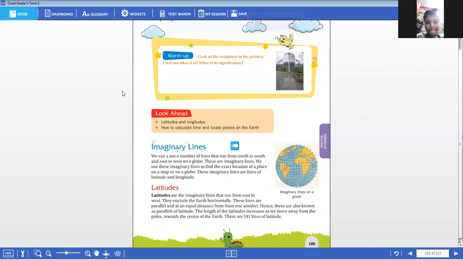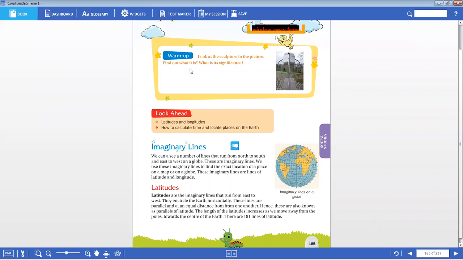So these are parallel lines. Or you can observe this yellow box here. These two lines are also parallel. Parallel in the sense that the distance between these two lines at any area is the same. So those two lines are called parallel lines.